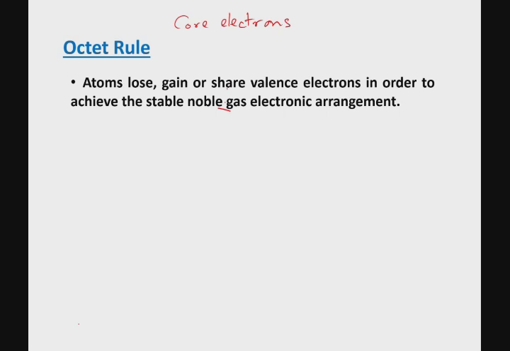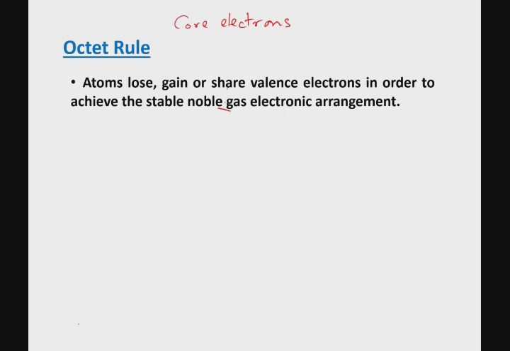But if the valence shell is anything beyond that, then the maximum capacity would be 8. And noble gases have that. Helium has 2 electrons in the first shell, it's full. Neon has 8 electrons in its second shell, that's full. Argon has 8 electrons in its third shell, and that's full.